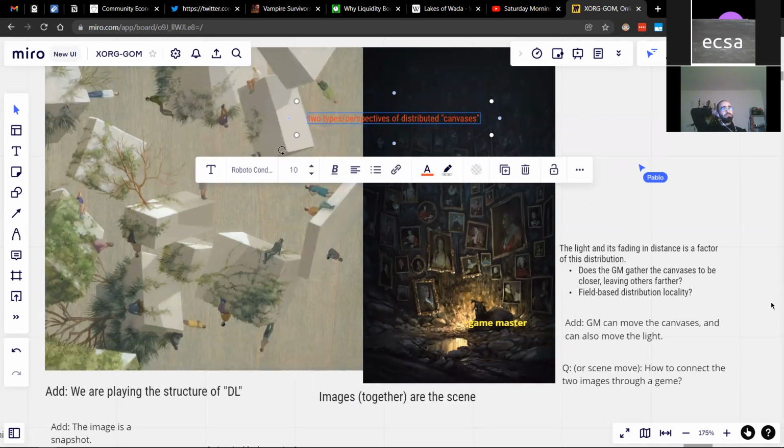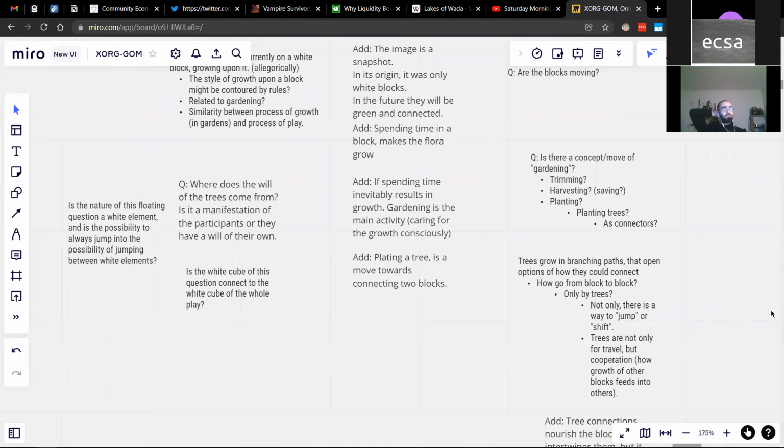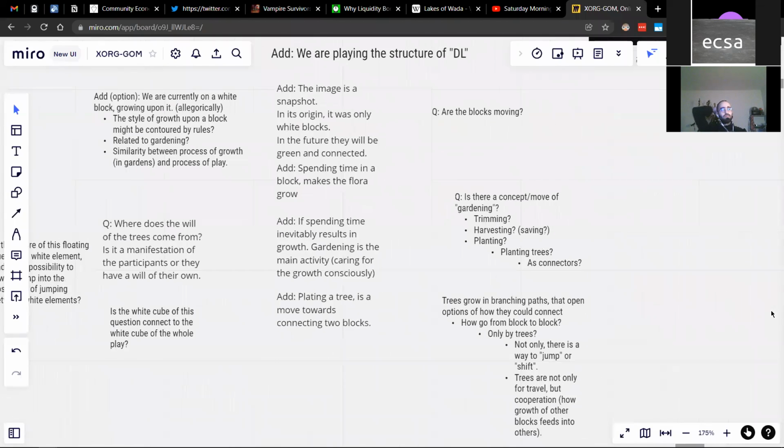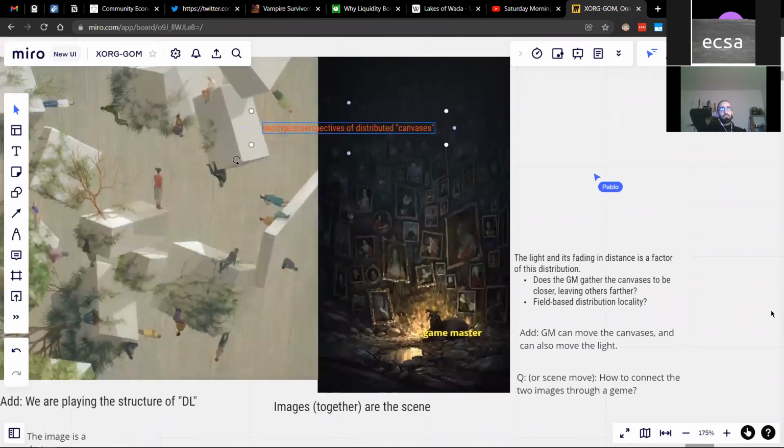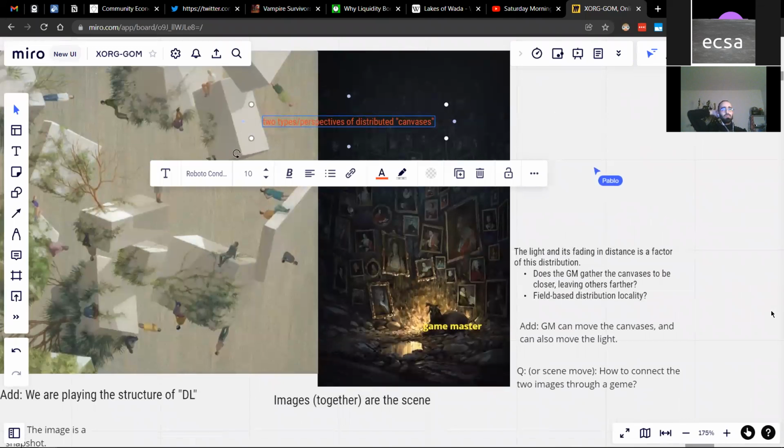But it could be also that you could shift the perspective and take say your question or this whole thing and make it move like a canvas now, and then suddenly you have the moves of the game master in the forefront, and maybe other qualities of this structure in itself.